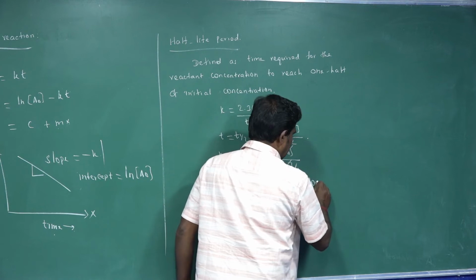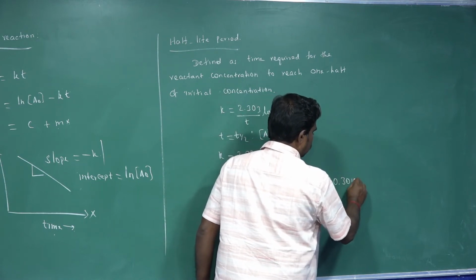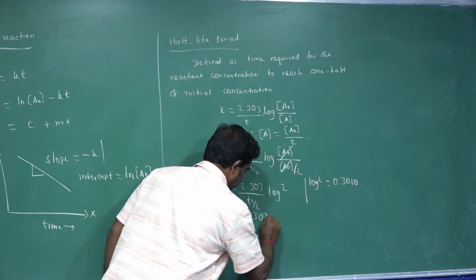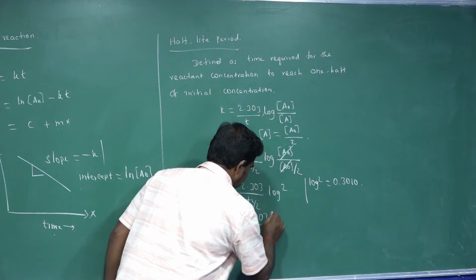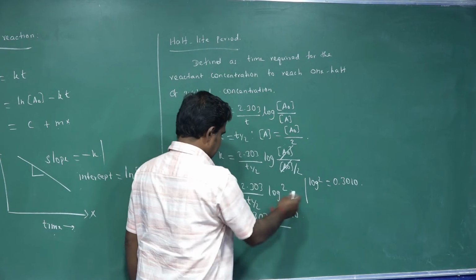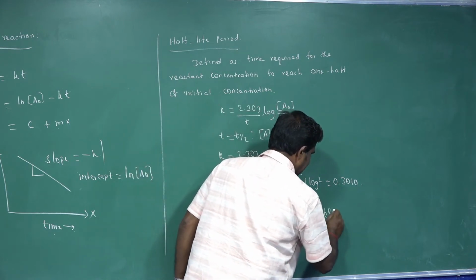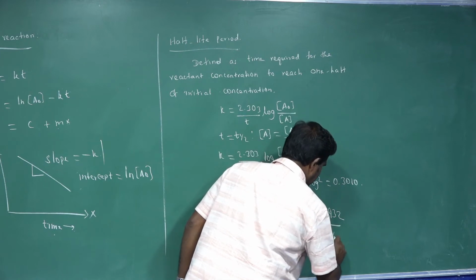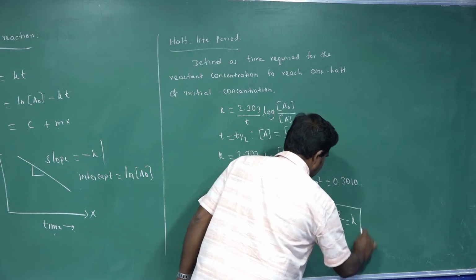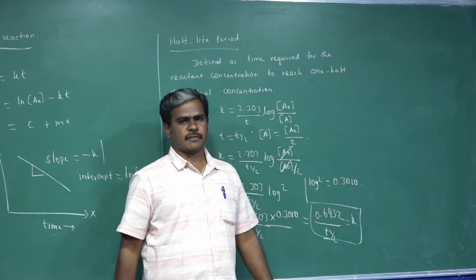So we substitute 2.303 by t½ into 0.3010, and we get 0.693 by t½. So k is equal to 0.693 by t½.